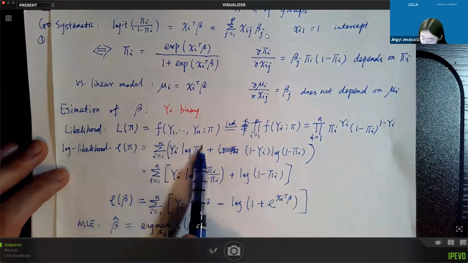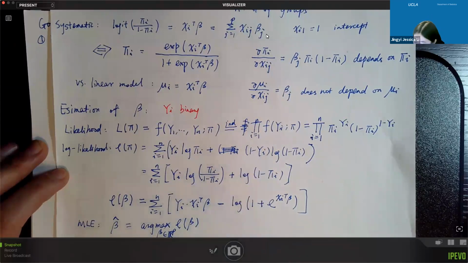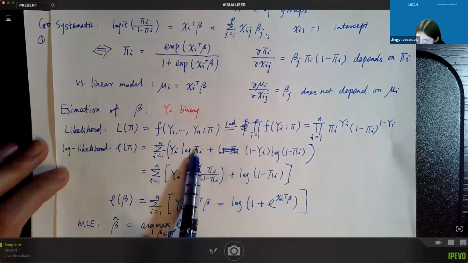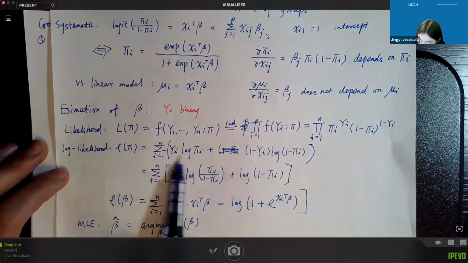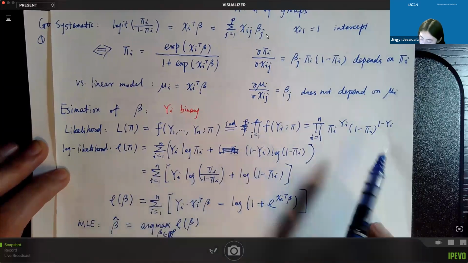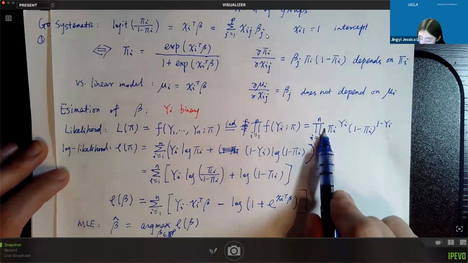Sorry, my bad. Pi i is going to stay as pi i, but this 1 is going to be changed to ni, because we have that. If we write it in terms of mu i, we also need to worry about that constant ni here. So we can derive a similar log likelihood based on the probability mass function for the binomial instead of Bernoulli.